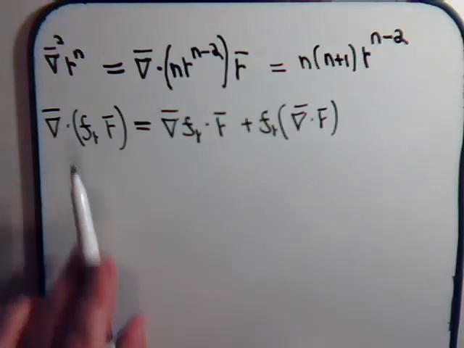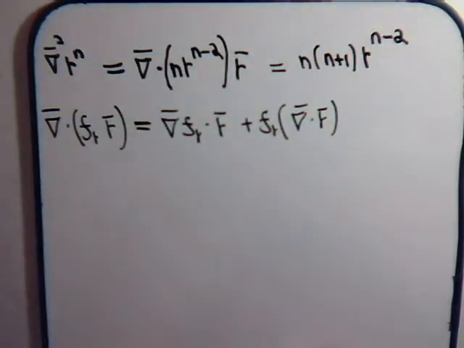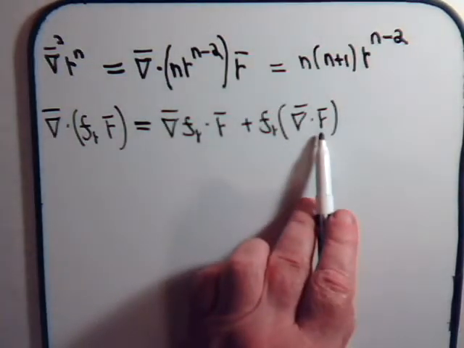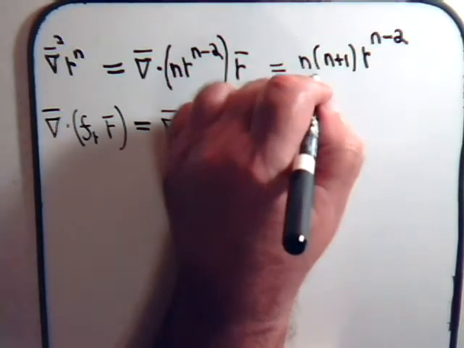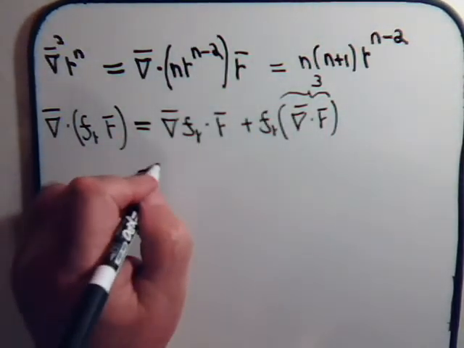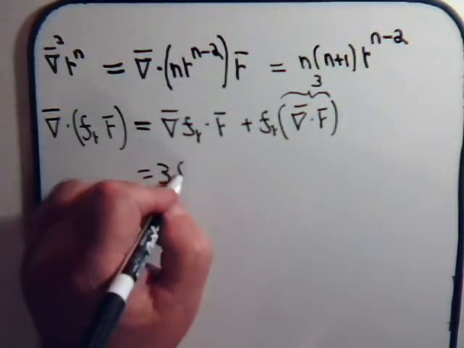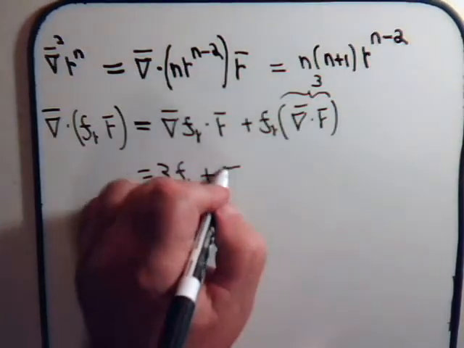This is true whether it's the position vector or not. This is a general formula, but when we are dealing with the position vector, we know its divergence is 3. So this is equal to 3 times the scalar quantity plus this expression.